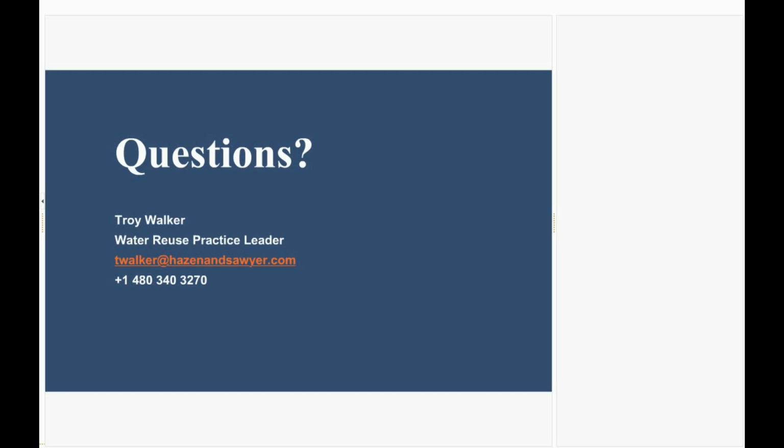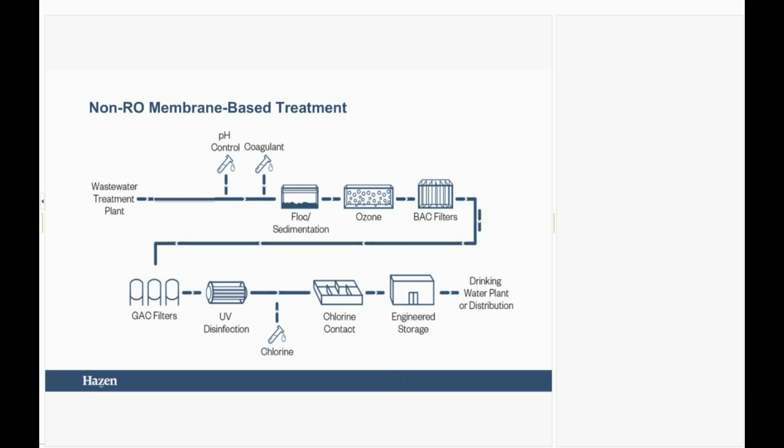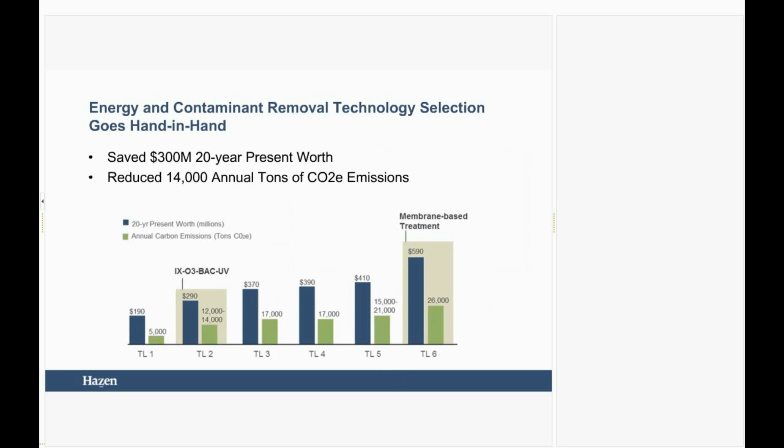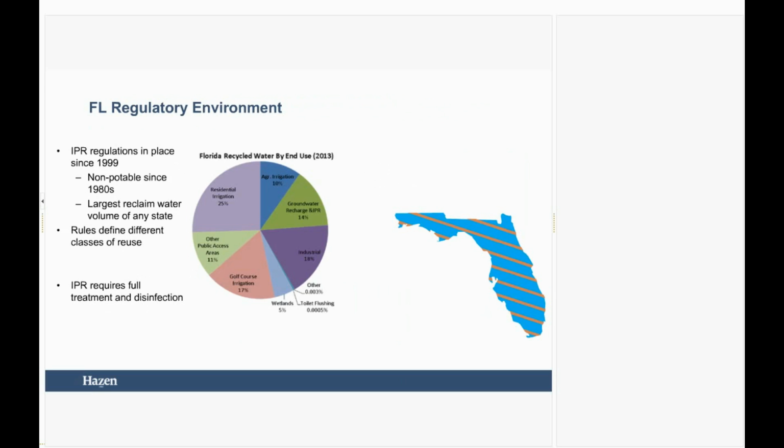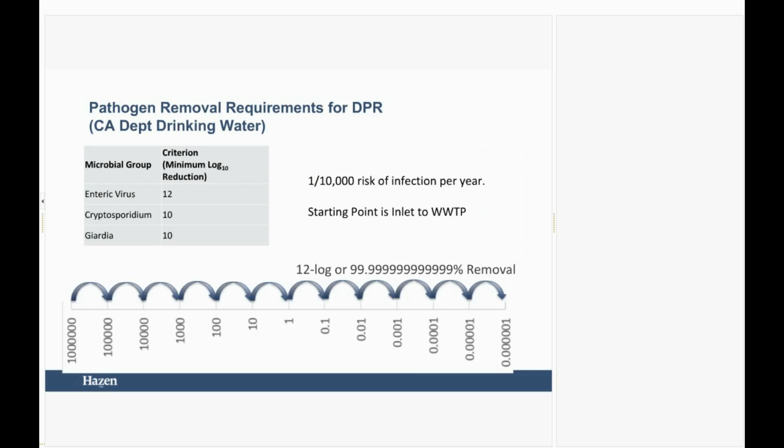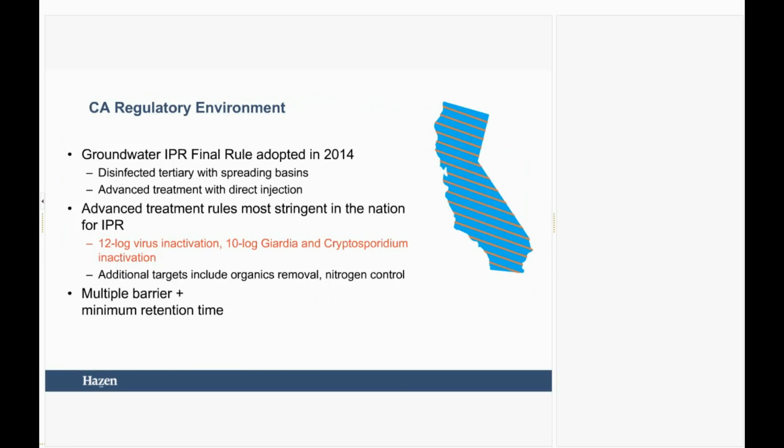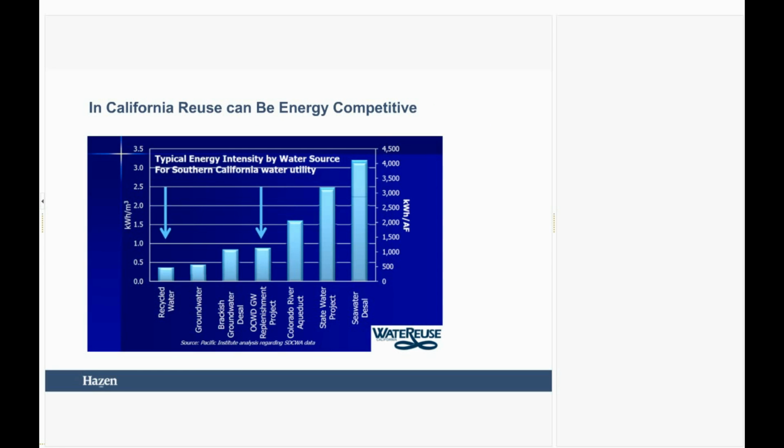Okay, let's see. I'll just go back through the questions here. The slide comparing costs of energy. Let me see if I can go back to that. This is a slide you can find, I think, from the Water Reuse Research Foundation or the Water Reuse Foundation, who also commonly show it. This one, I think, is the one you're talking about.